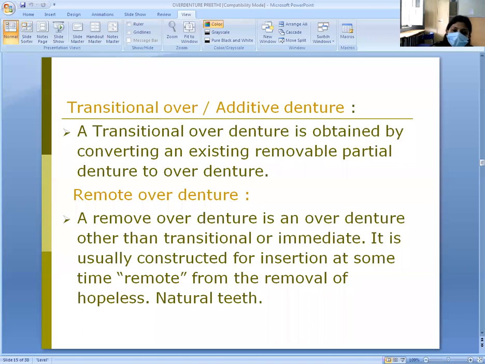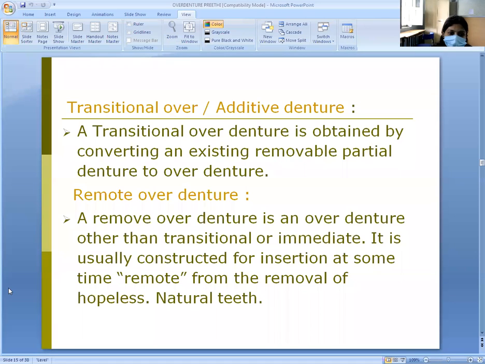Then transitional overdenture, or additive overdenture. A transitional overdenture is obtained by converting an existing removable partial denture to an overdenture. As the teeth are getting lost, you have to replace more and more teeth, so you can convert the removable partial denture into the overdenture.